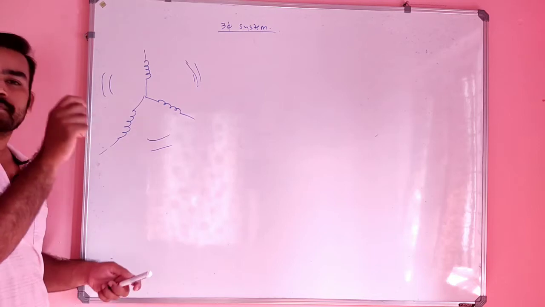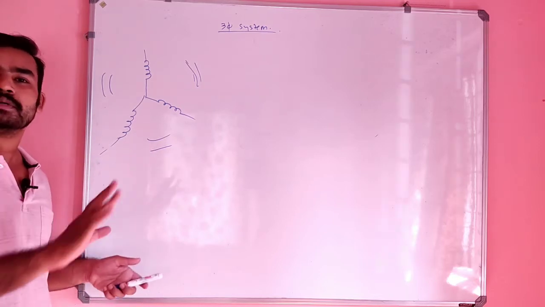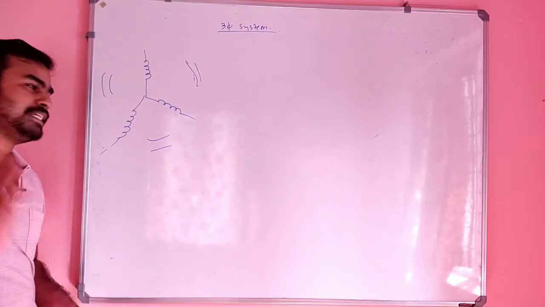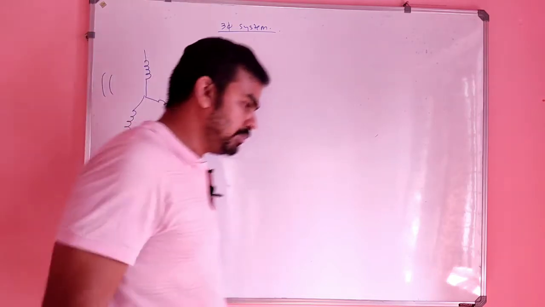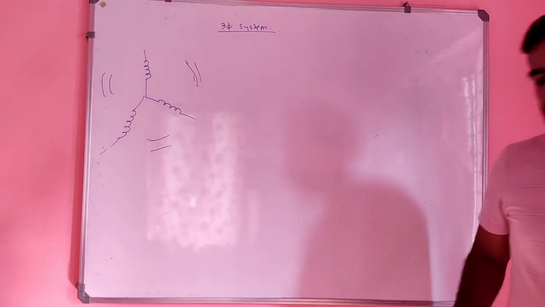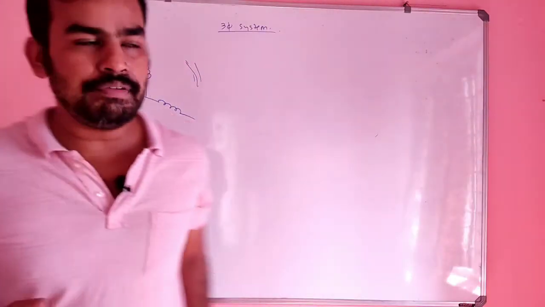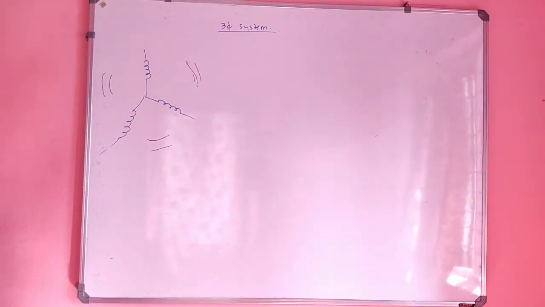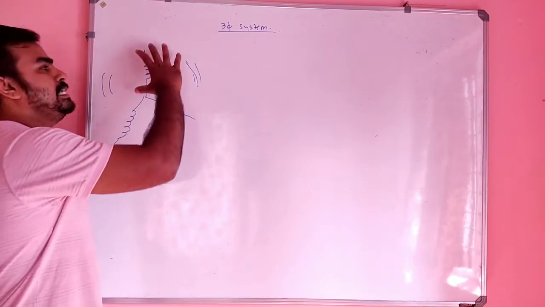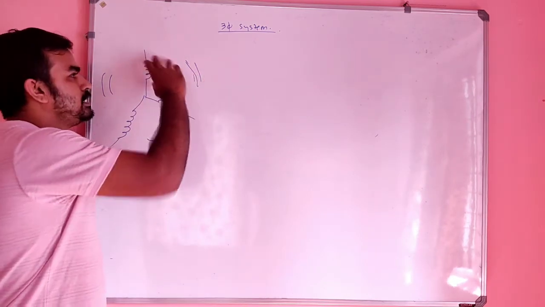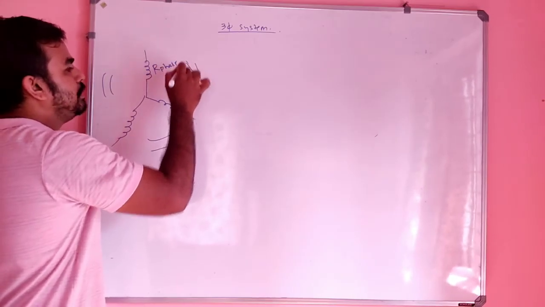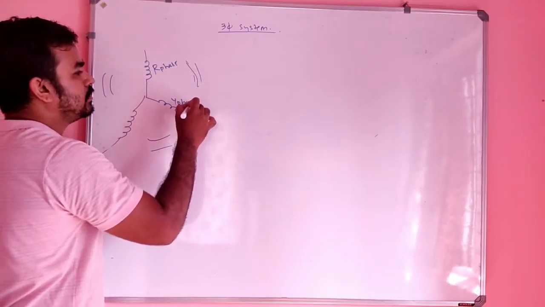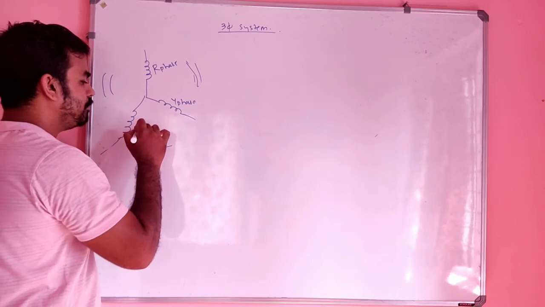If you measure the voltage between any two terminals, there will be some voltage. That is called a three-phase voltage system. I am going to deal with these three phases. Let them be R phase, Y phase, and B phase.